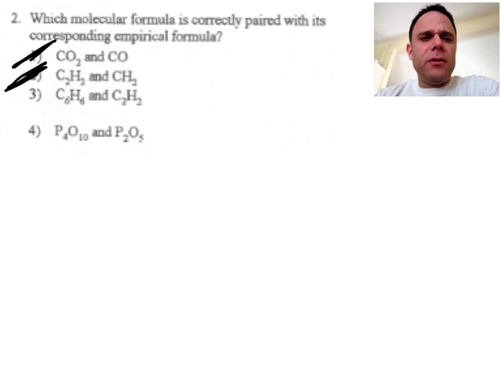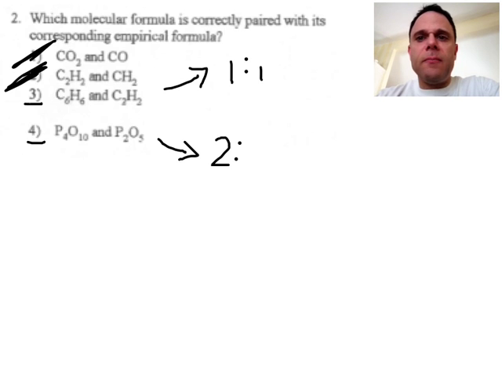Now, what is the difference between 3 and 4? They both have the same ratio. 3 has a ratio of 1-to-1, and choice 4, they both have a ratio of 2-to-5. Well, the difference is this. In choice number 3, the 2-to-2 ratio and 6-to-6 ratio are both molecular formulas because they are not represented as the simplest whole number ratio.